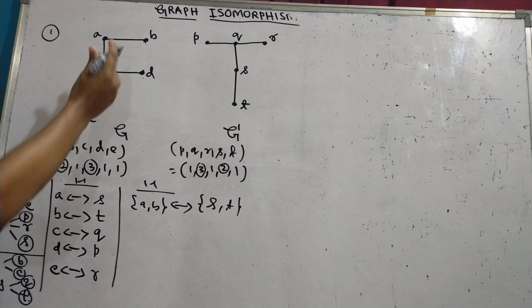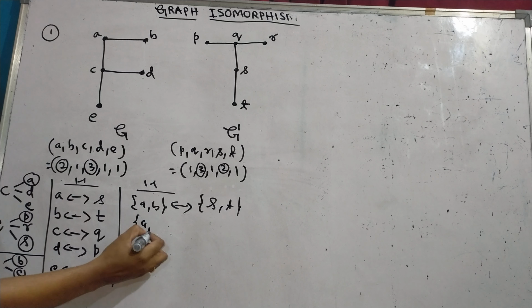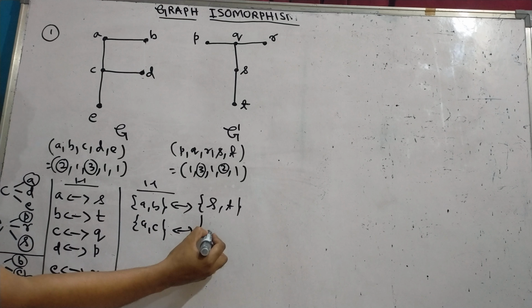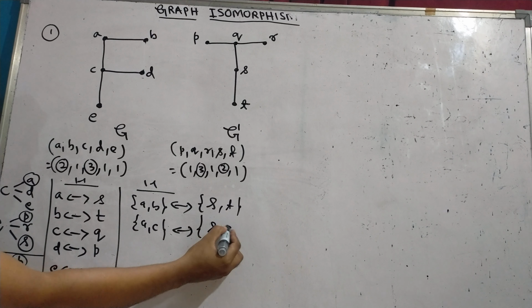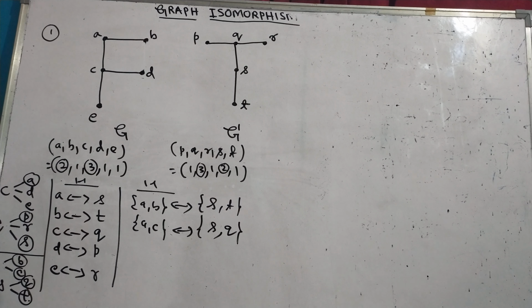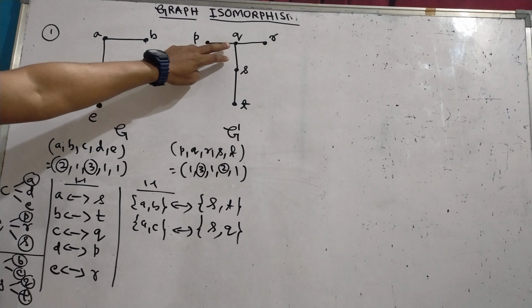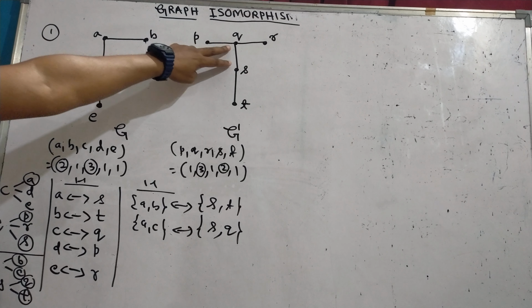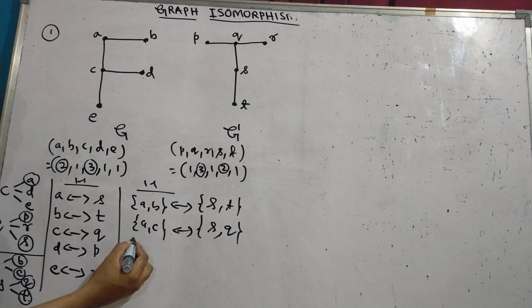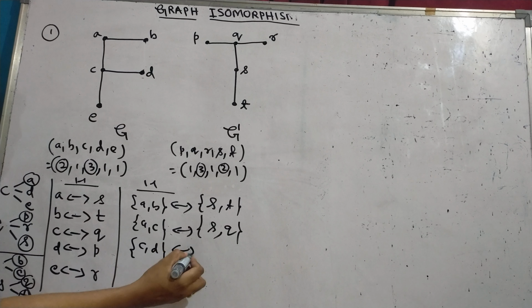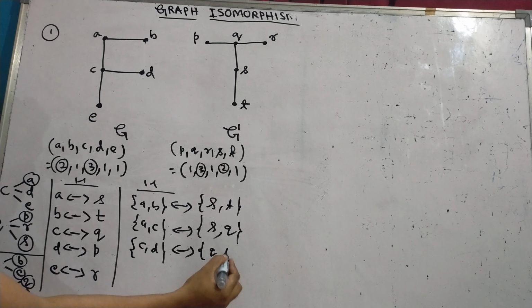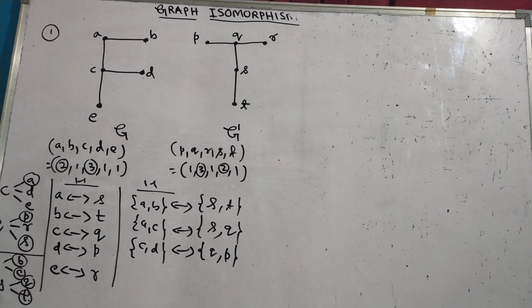Let us consider the edge AC. A maps to S, and C maps to Q. Do we have an edge between S and Q? Yes, we have. Next, consider C and D. C maps to Q, and D maps to P. Do we have an edge between Q and P?